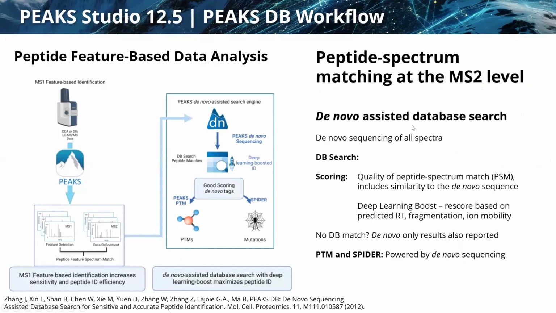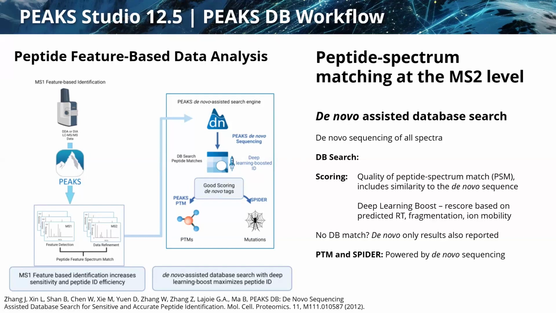These de novo sequencing results then inform the database search in the sense that it will help to create short lists of databases or proteins to search in the database. It's also going to be included in the scoring. So along with many other features, the similarity to the de novo sequence is going to be taken into account when scoring the quality of the peptide spectrum match.